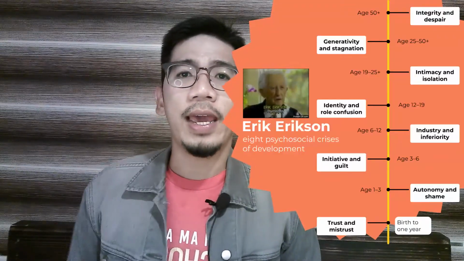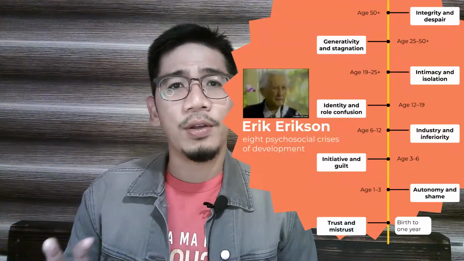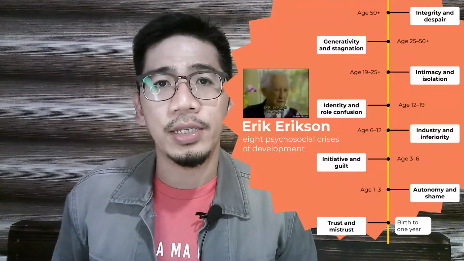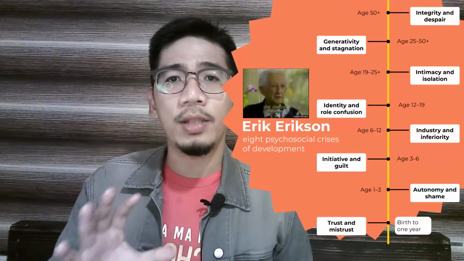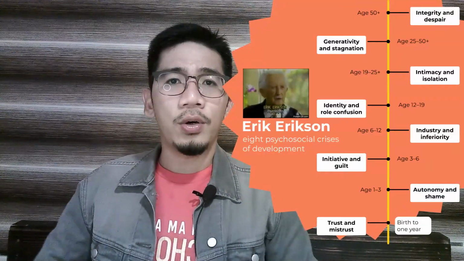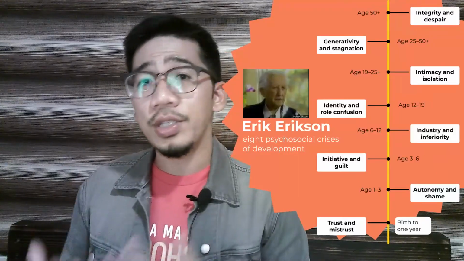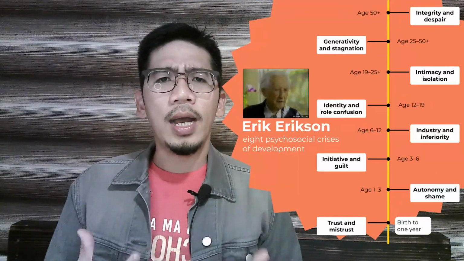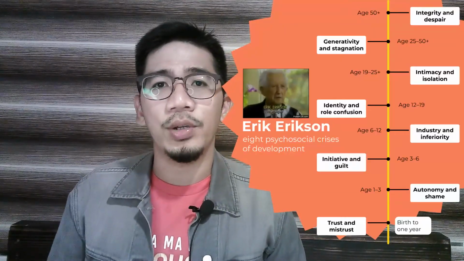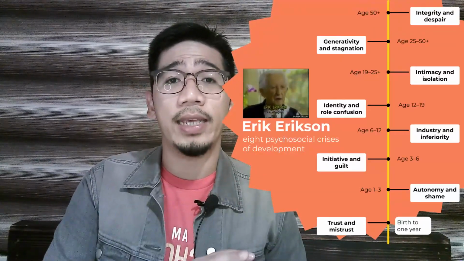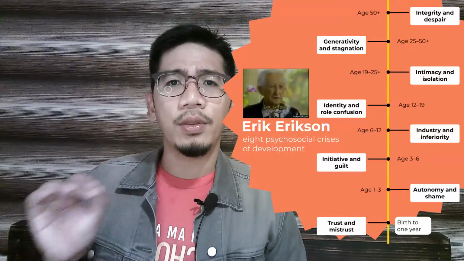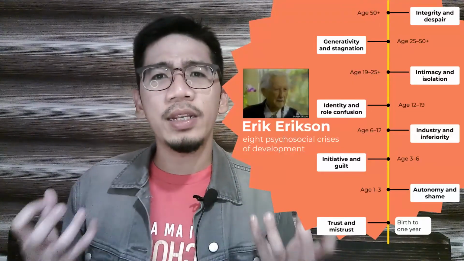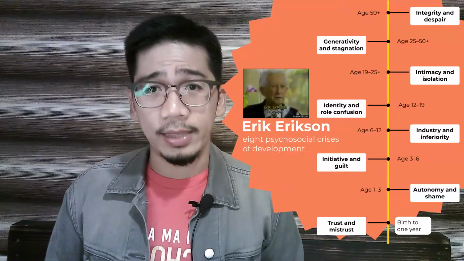Each crisis consists of a dilemma or choice that carries both advantages and risks, in which one choice or alternative is normally considered more desirable or healthy. How one crisis is resolved affects how later crises are resolved too. The resolution also helps to create an individual's developing personality.